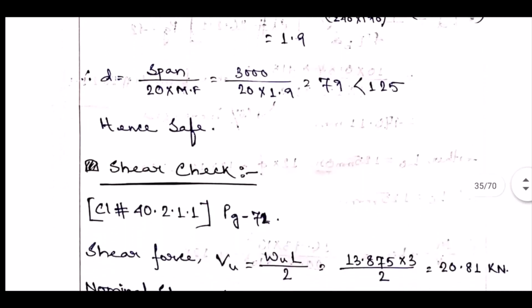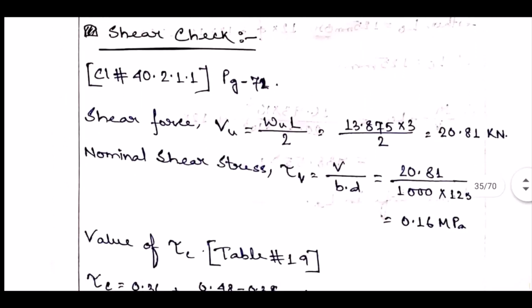Now check for shear. To check shear, first of all we have to find the value of the shear force, that is Vu, equal to WL by 2. This is written in clause number 40.2.1.1 of IS 456 2000 on page 72.